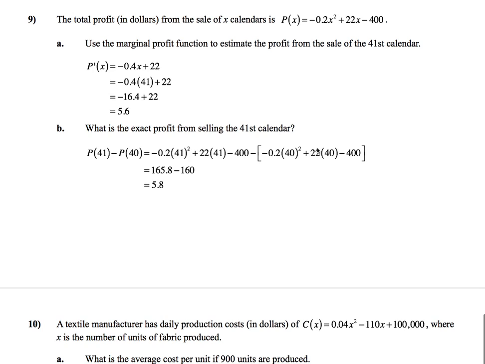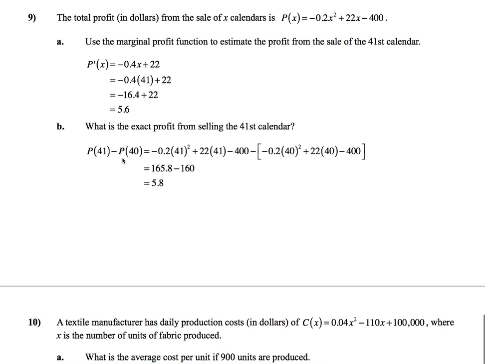Well, to do that, we use the profit function to find out how much we would make in profit from selling 41 calendars, and subtract from that the profit we made in selling those first 40 calendars.